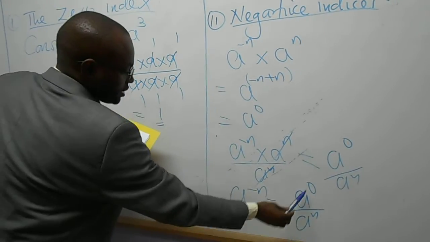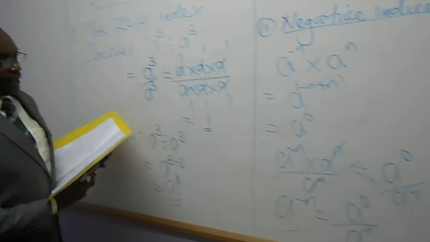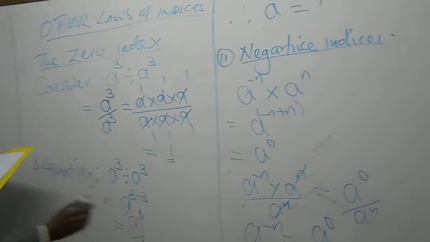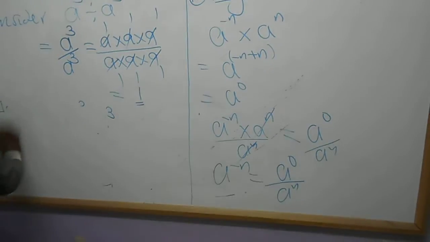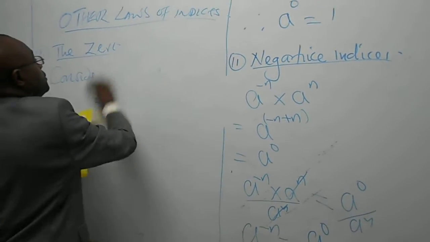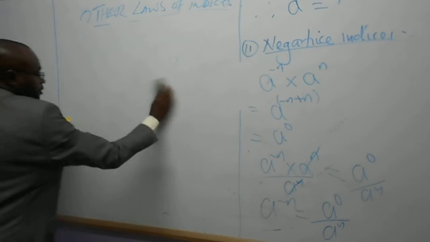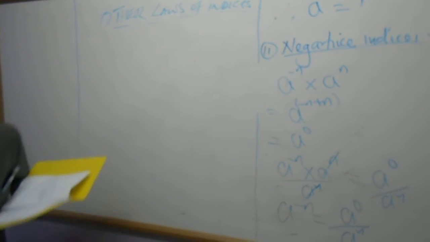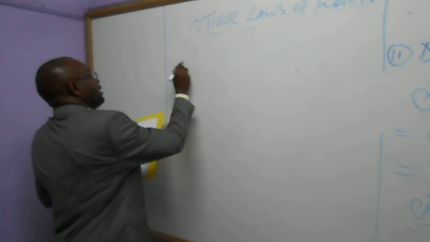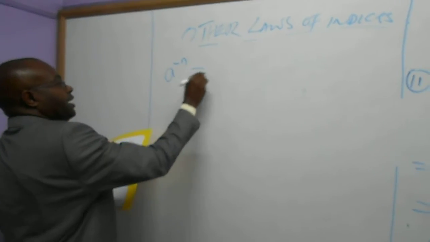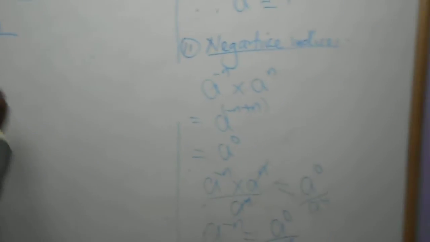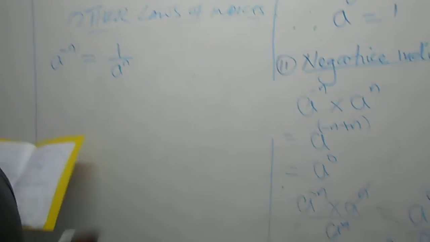But we know that any number raised to 0 is 1. So that would in essence mean that a raised to negative n will therefore be 1 over a to the power n.